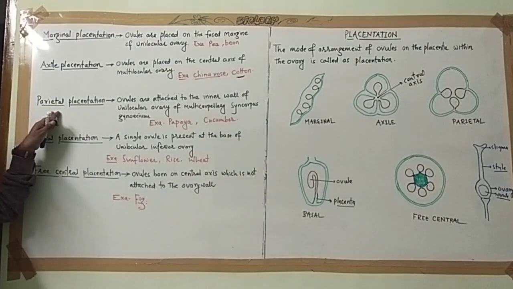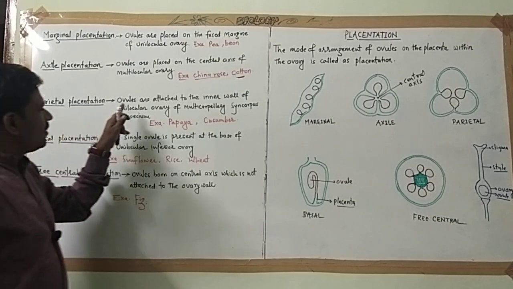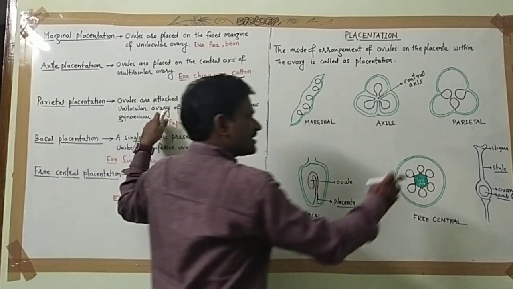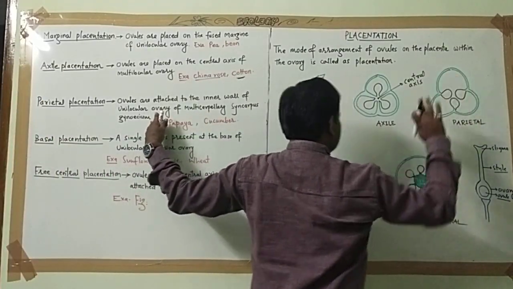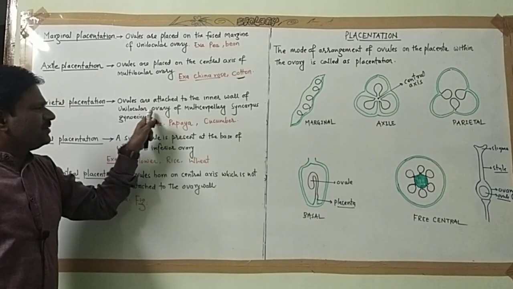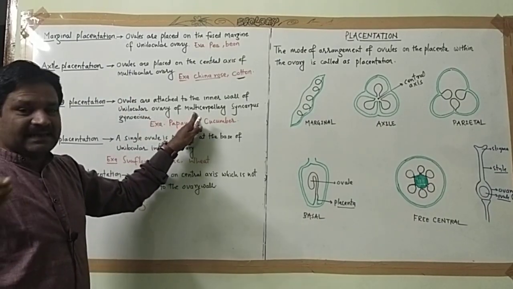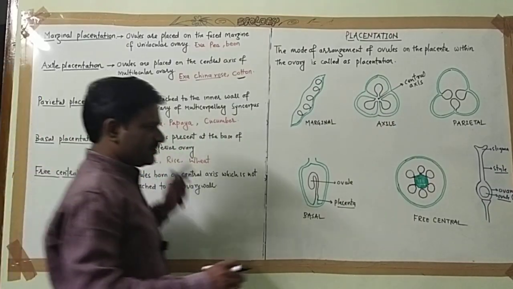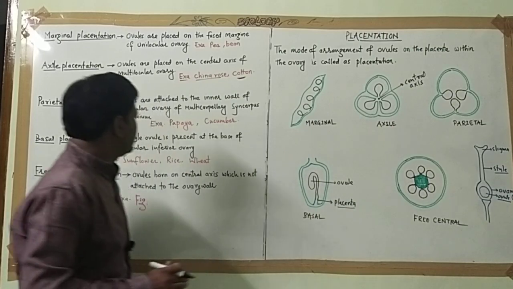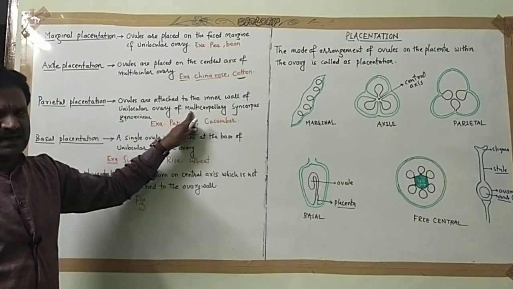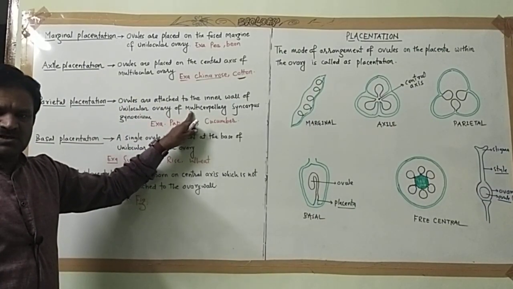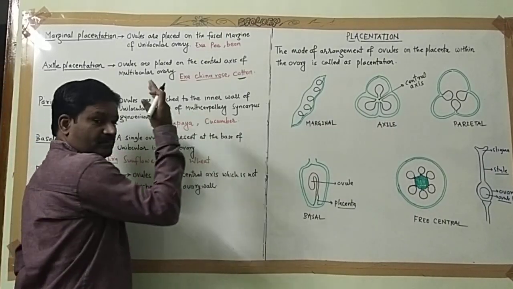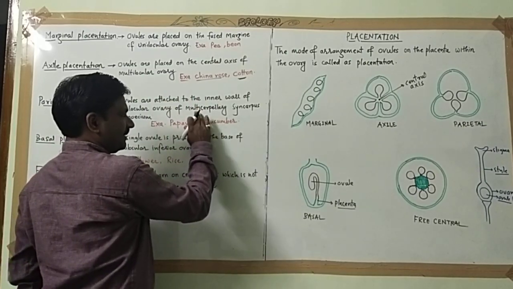Third type is parietal placentation. In parietal placentation, ovules are attached to the inner wall of a unilocular ovary. This is unilocular, single locular. There is no partition. That's why it is a unilocular ovary of a multicarpellary syncarpous gynoecium. This is the gynoecium. Multicarpellary means having many carpels. A carpel is the single unit of gynoecium. Many carpels, more than 2, is multicarpellary.